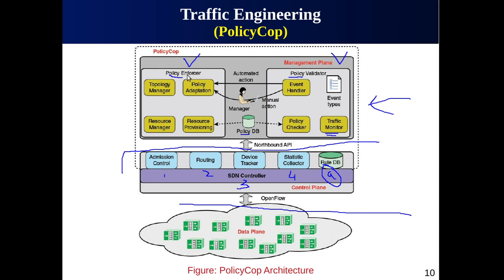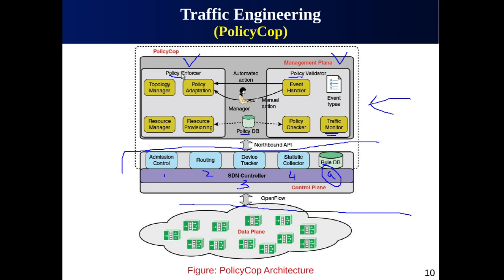The first one is the policy validator, and the second one is the policy enforcer. A policy validator, as the name indicates, will monitor the network to detect policy violation, and then a policy enforcer will adapt the control plane rules based on network condition and high level policies.